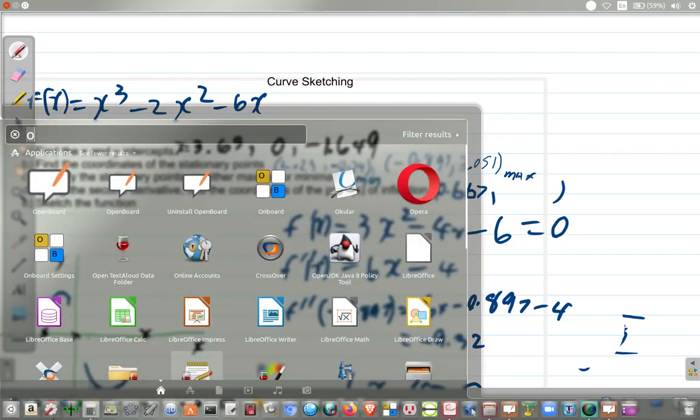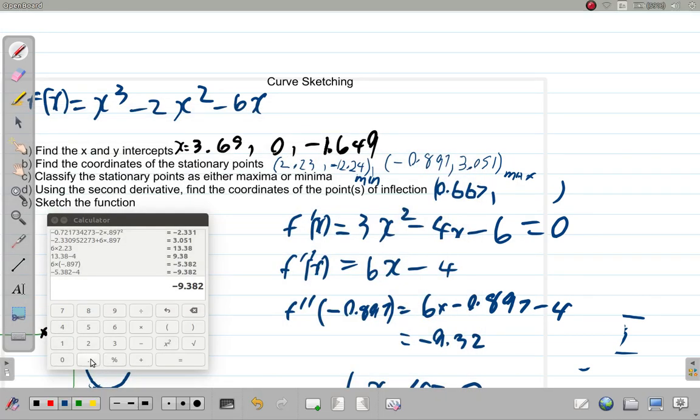Let's use our calculator. So we have 0.667 cubed. Let's multiply 0.667 times 0.667, equal, okay, good, minus 2 times 0.667 squared, equal, minus 6 times 0.667, equal, and we get negative 4.59.